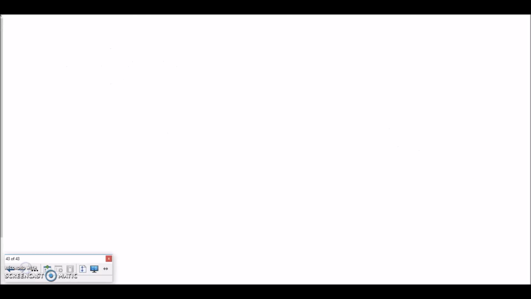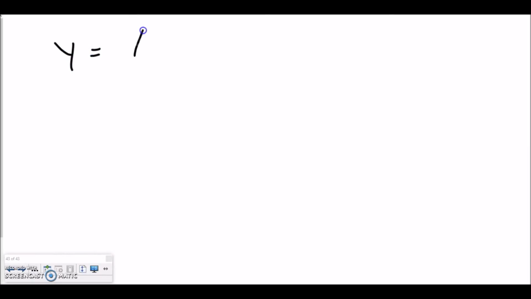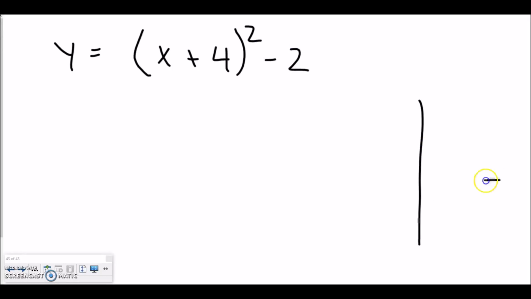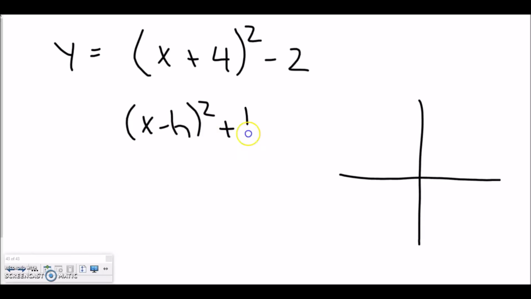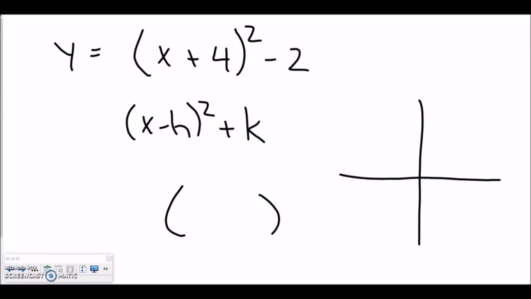What if our equation was y equals (x plus 4) squared minus 2? Now this is probably the trickiest way they can do it, because remember our formula is (x minus h) squared plus k, and we're looking for the coordinates of our vertex.